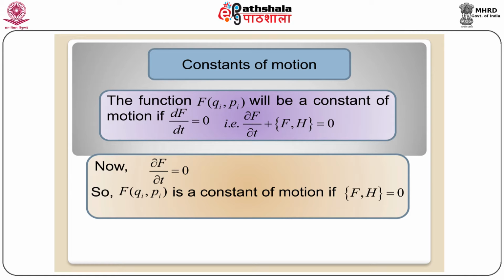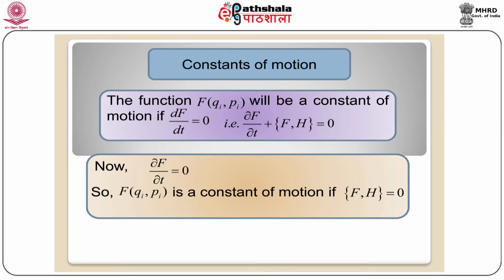Thus, we get the Poisson bracket of capital F with Hamiltonian capital H equal to 0. So, one can say that capital F, function of small qi, small pi, is a constant of motion if the Poisson bracket of capital F with the Hamiltonian vanishes.